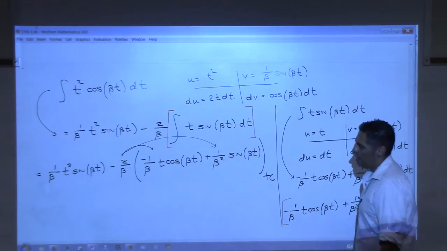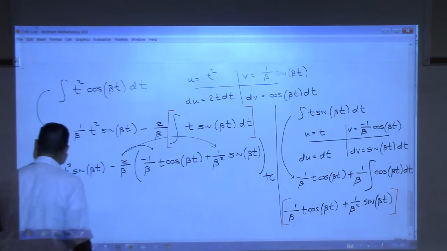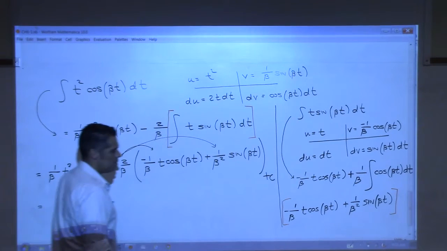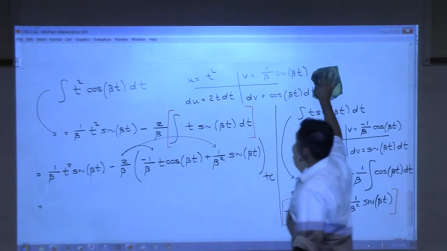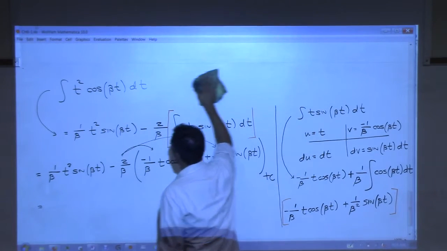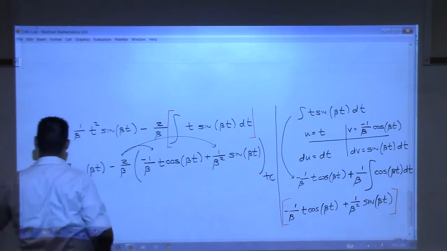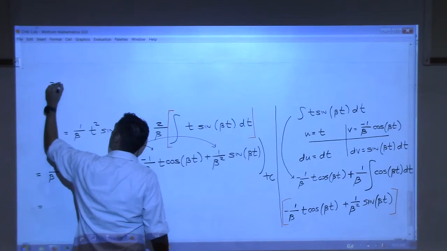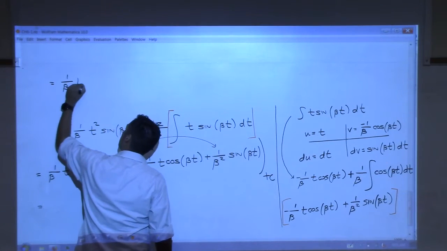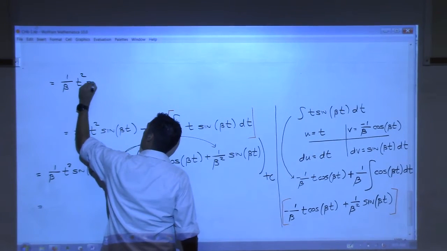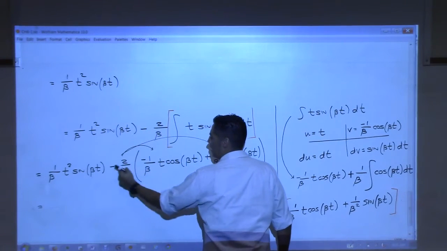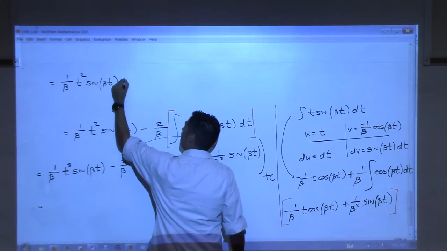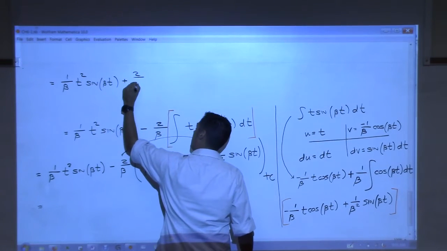And when I do that, I'll go ahead and write it out. I get, well, let's put it up top. We get 1 over beta t squared sine beta t. And then here to here, the negative and negative is positive, so I get plus 2 over what?